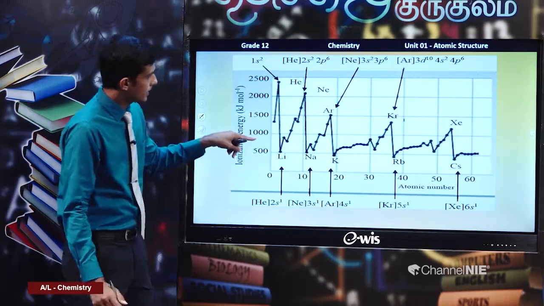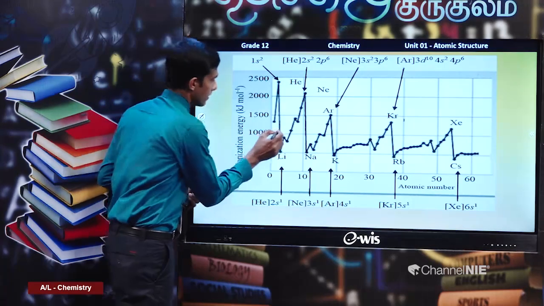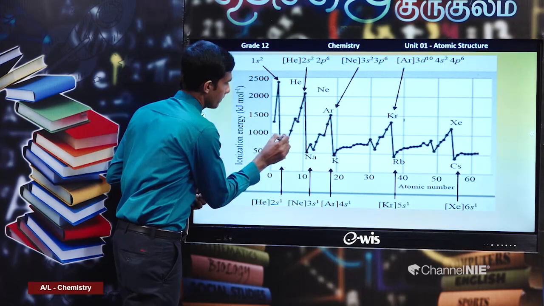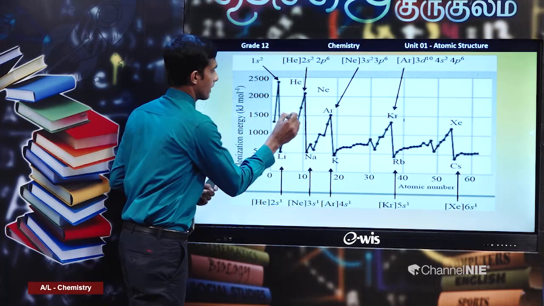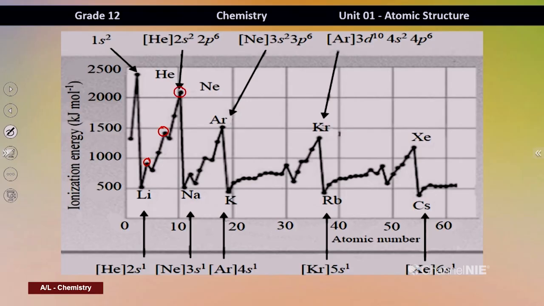But in this pattern you can see certain places, here beryllium, nitrogen and neon. In these 3 places there are increases greater than the expected value.